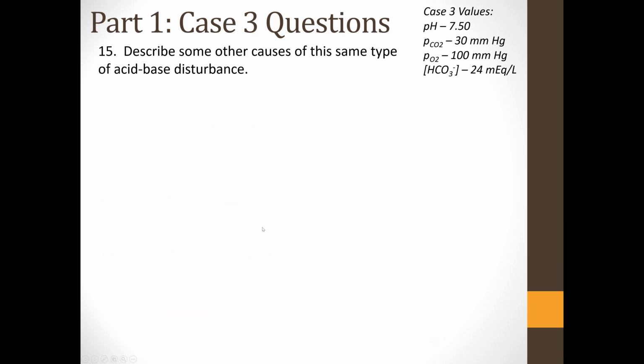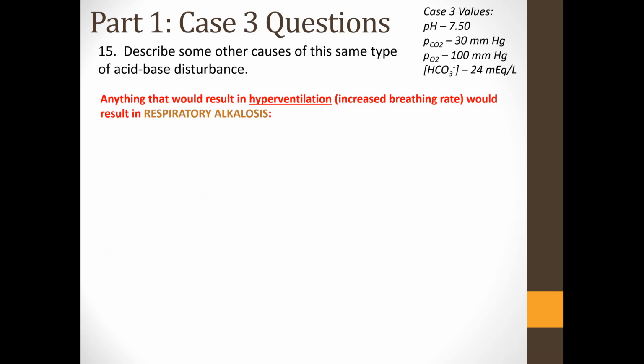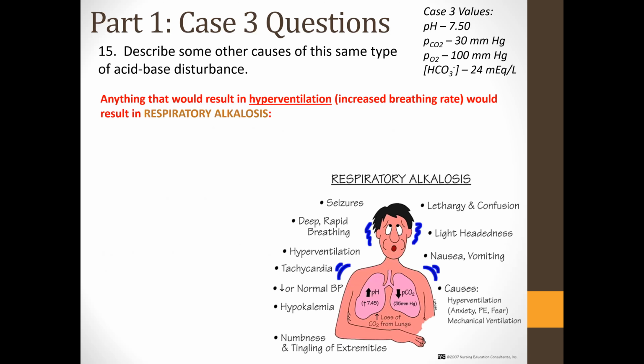Number 15, describe some other causes of the same type of acid-base disturbance. Anything that would result in hyperventilation or an increased breathing rate would result in respiratory alkalosis. So again, here's a little picture for you. With respiratory alkalosis, you're going to have high pH and low carbon dioxide.